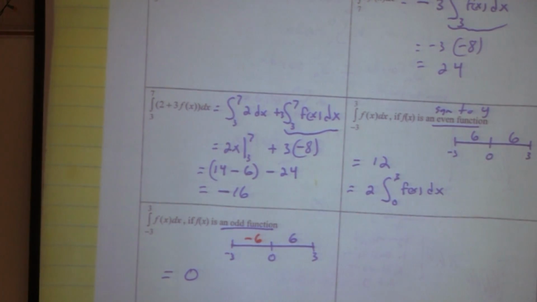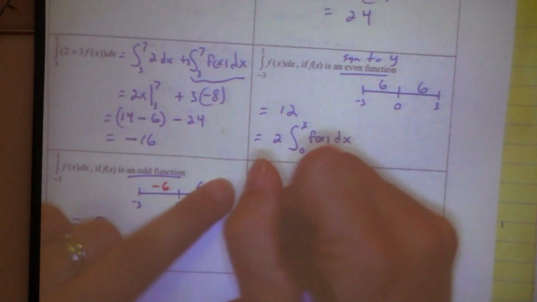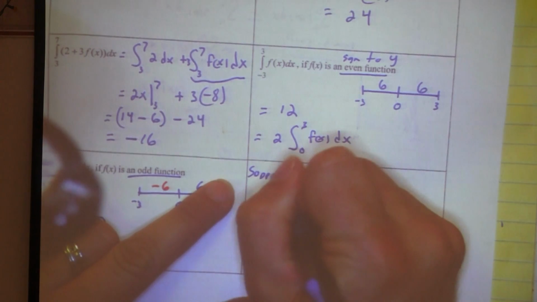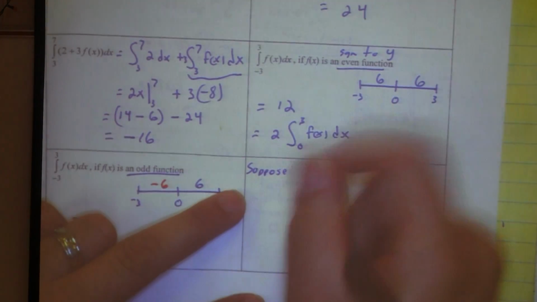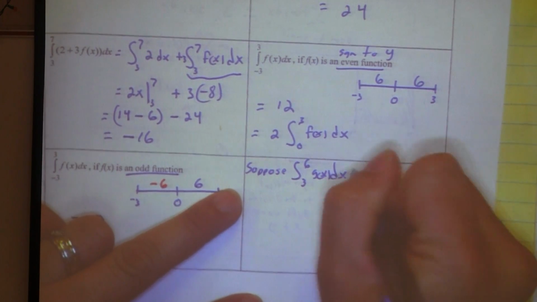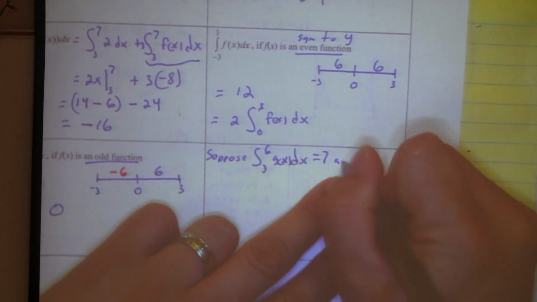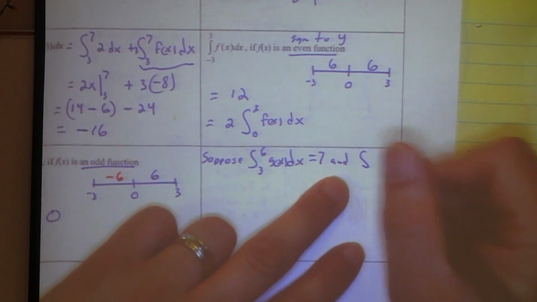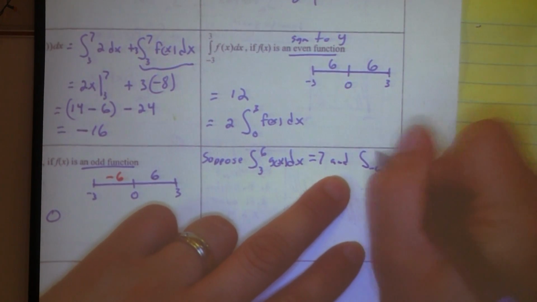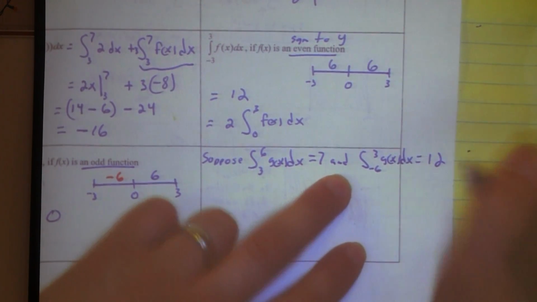Let's come up with a random problem here in this little square since I already know. So suppose that the integral from 3 to 6 of g of x is equal to 7, and the integral from negative 6 to 3 of g of x is equal to 12.